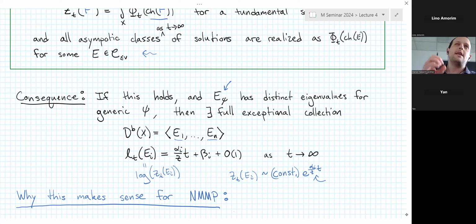The decategorification of this thing is slightly different, but very similar. It basically says that there should be some canonical decompositions of the Hodge structure on the topological K theory of X. That's the decategorification of a semiorthogonal decomposition, or one decategorification is a decomposition of the Hodge structure on the topological K theory.